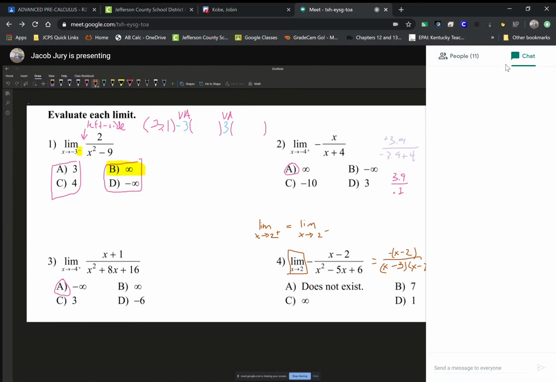Someone besides Evelyn, do you all know what's happening at these factored locations? Dividing by 0? What do you mean? Oh, yeah. So the denominator would be 0 if we plugged in x there.